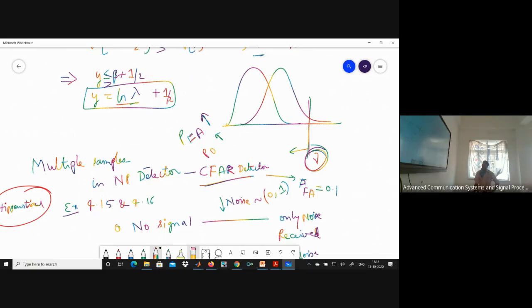Threshold. Yes, you can calculate the lambda, that's not a big issue, but it's not required because you get the threshold straight away from the probability of false alarm. See, this is actually the threshold that we are going to have.